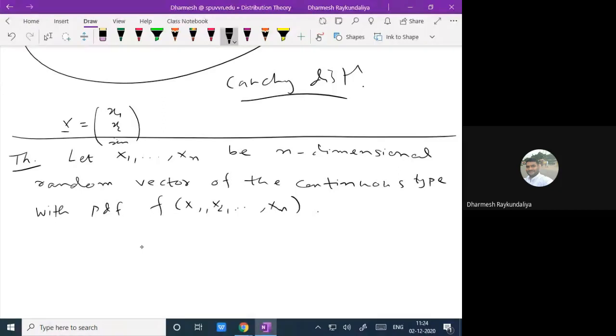So X1, X2, Xn is a random vector with the joint PDF given by f of x1, x2, xn.